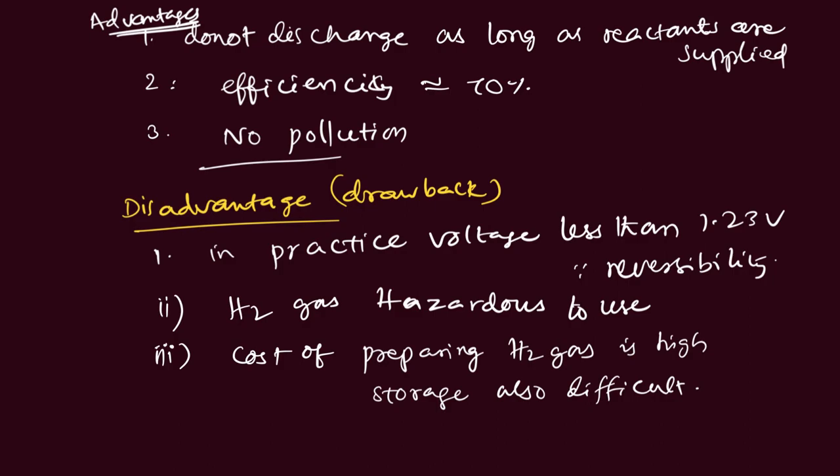That's why these are the disadvantages. But keep in mind, there has been tremendous progress in the development of new electrode materials, better catalysts and electrolytes for increasing the efficiency of the fuel cell.